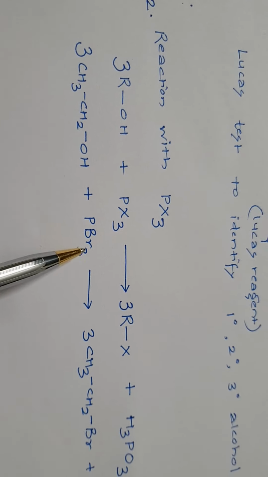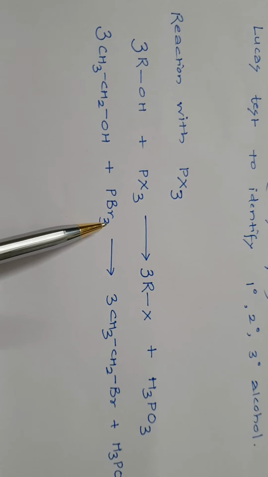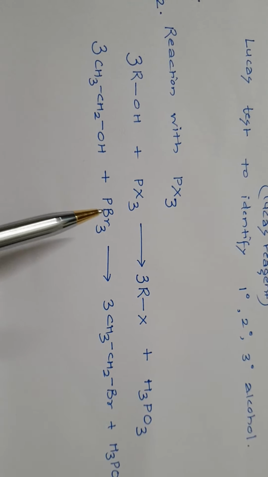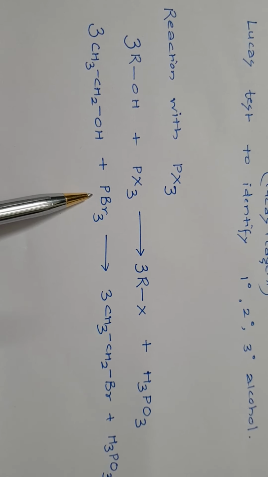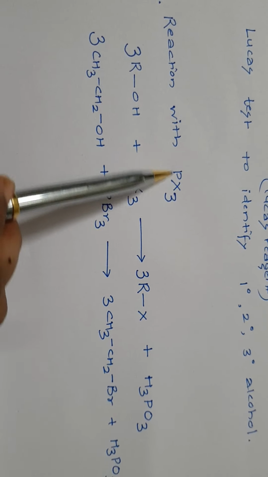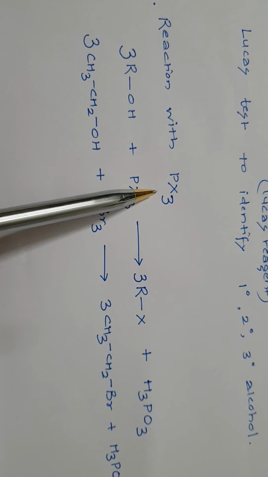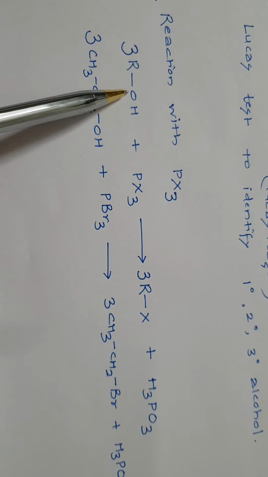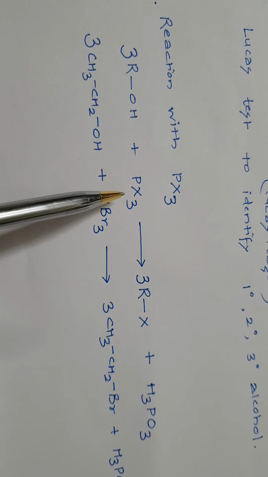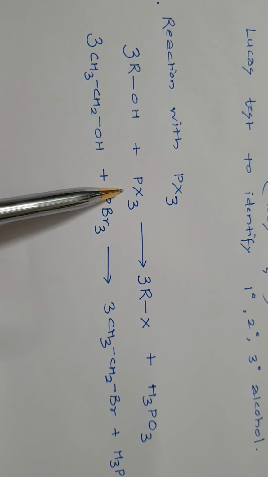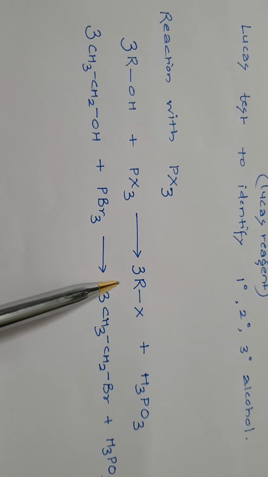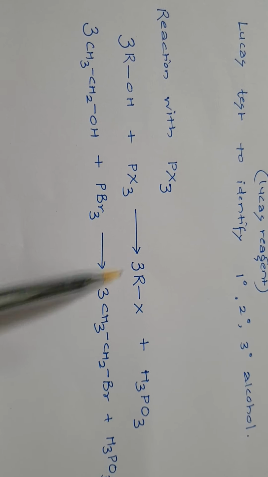Similarly, here is again a reference to a reaction which you have seen in the preparation of haloalkanes, that is, reaction with phosphorus trihalides. Now, here what we find is alcohol reacts with phosphorus trihalide in order to give you haloalkane. Simple.